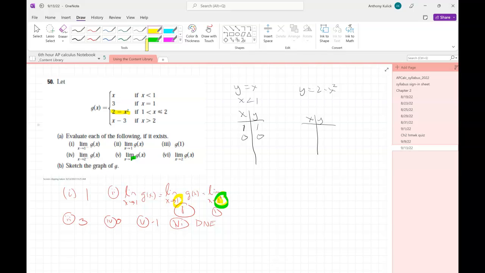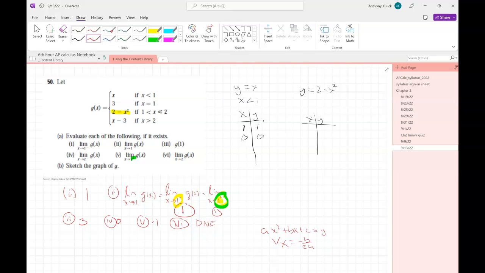The vertex is 0. Remember, for ax squared plus bx plus c, the x-coordinate of the vertex is negative b over 2a. Yep, that's an Algebra 2 thing that you should still remember.